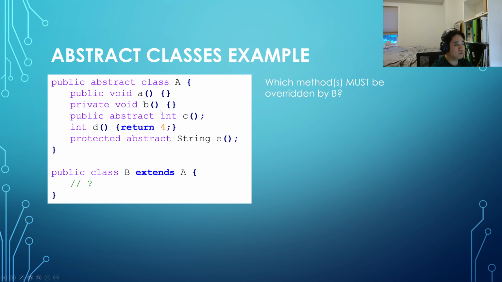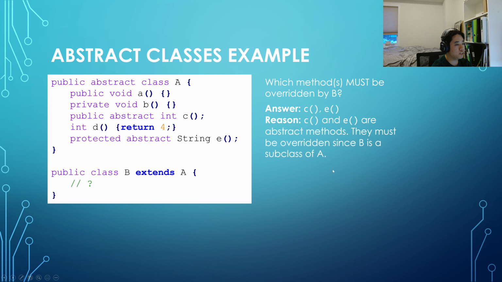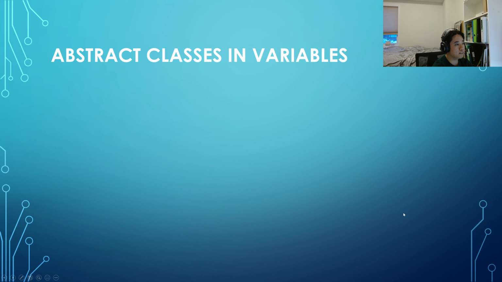If you understand what abstract methods look like, then you will know that C and E must be overridden because they are abstract methods, and abstract methods must be overridden if the abstract class is getting extended. So in this case, yes, C and E must be implemented.